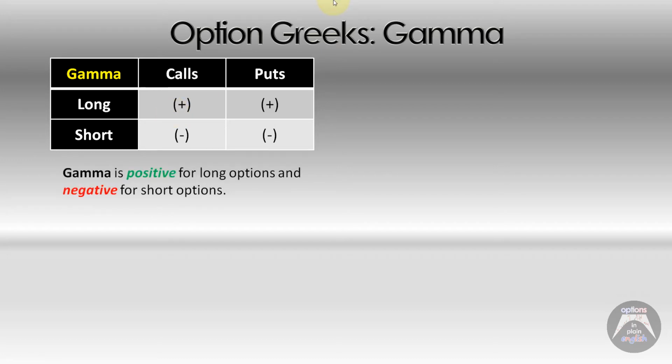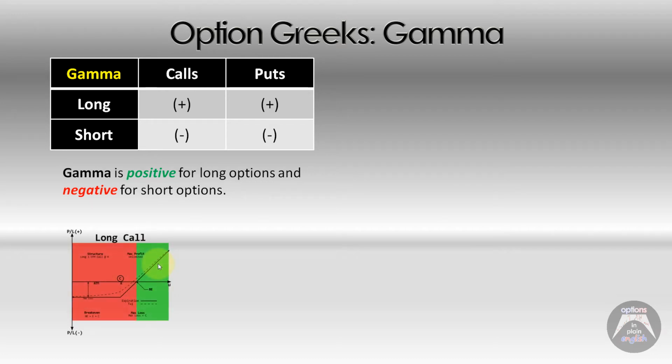Gamma is positive for long options and negative for short options. If you think about a long call and you see that you are here at the money and you buy a call, it has a certain delta here, and it starts going your way, you start making money, of course. But if you notice how the curve changes, as it starts moving your way, it starts making more and more money for every unit that the underlying price changes in your favor.